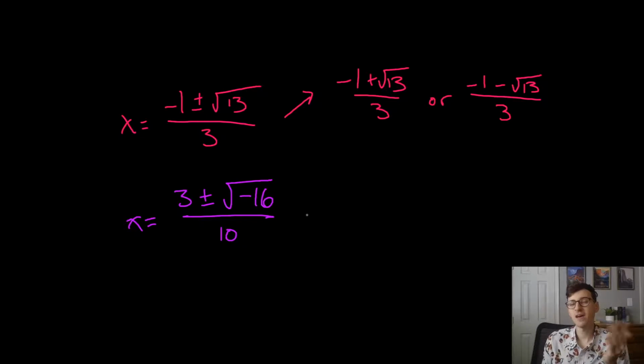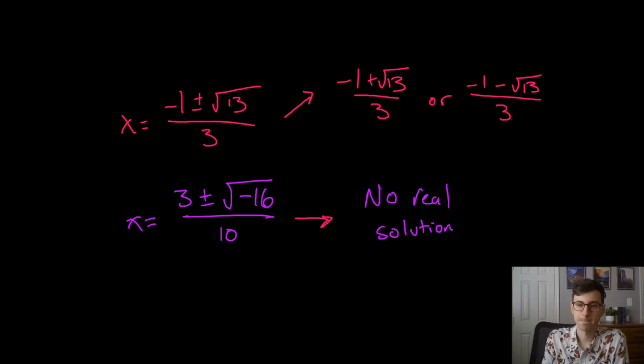Because if I have a number times itself, either I have a positive number times a positive number, which is positive, or a negative number times a negative number, which is positive. So taking the square root of a negative number is not something that will give us a real solution. And we haven't talked about complex numbers yet. So here, your answer would be no real solutions.